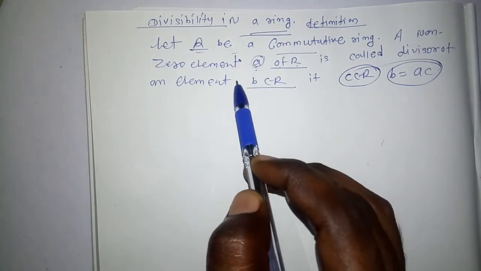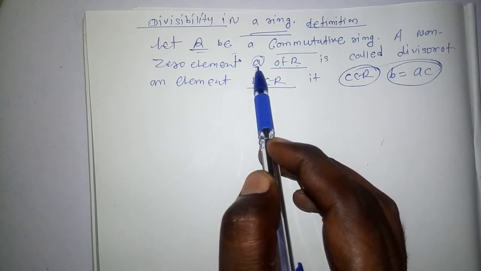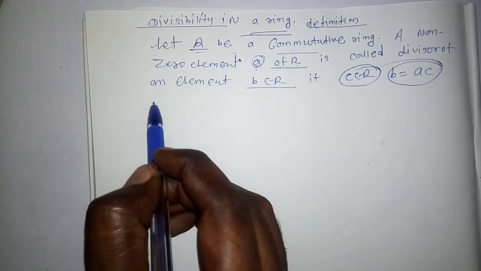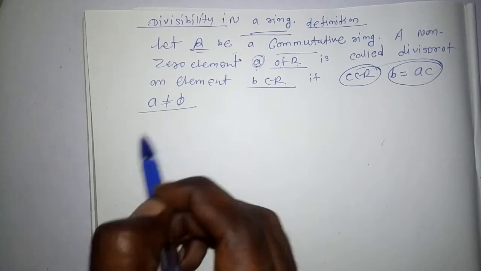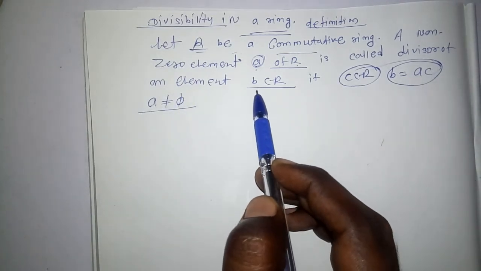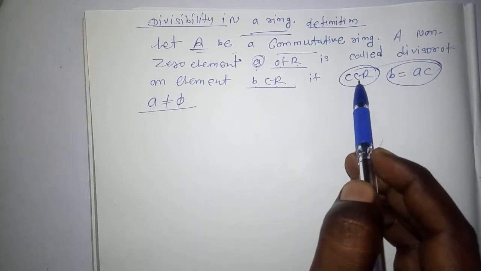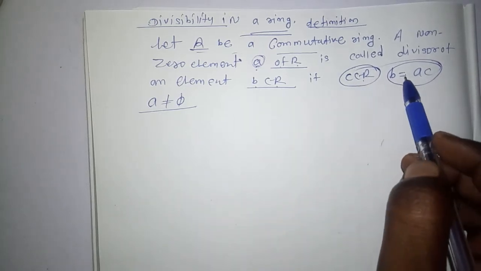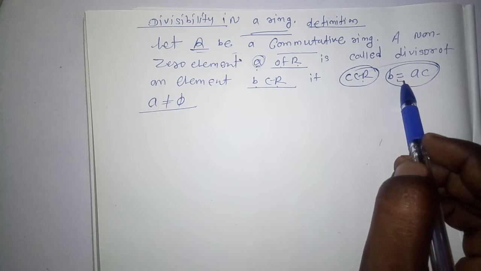Students, A is a non-zero element, that is, A is not equal to 0. It is called a divisor of the element B belonging to R, and C also belongs to R, because this condition follows: B is equal to AC.